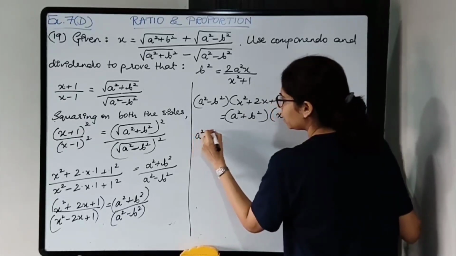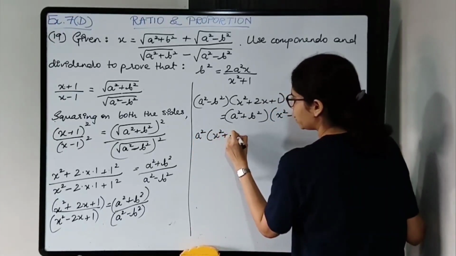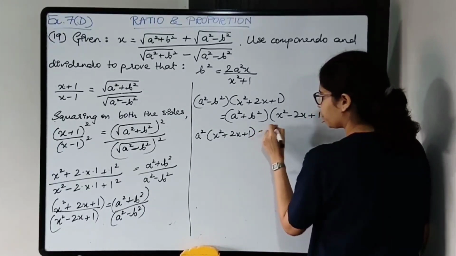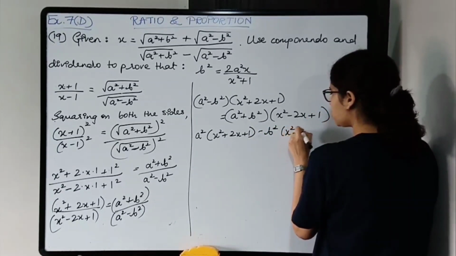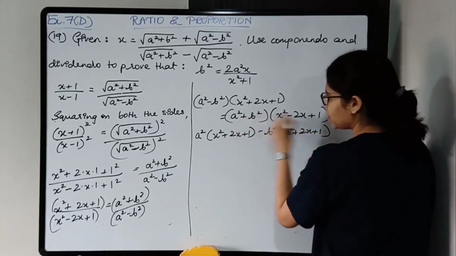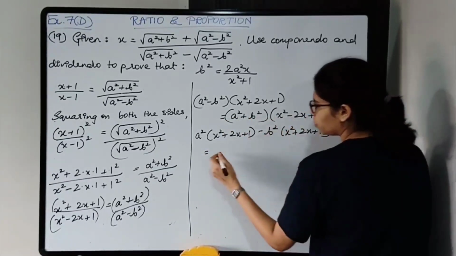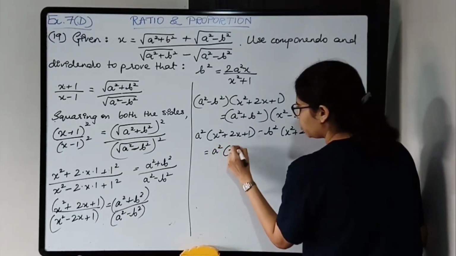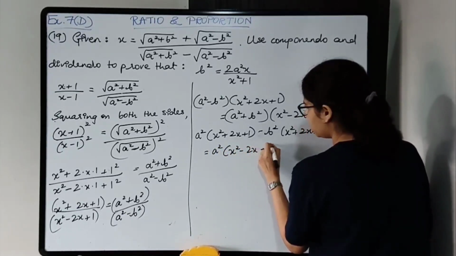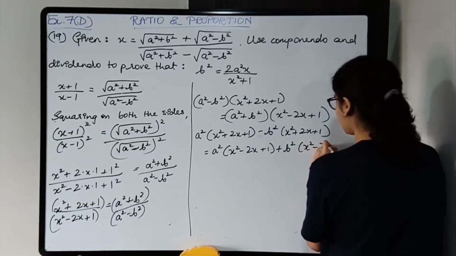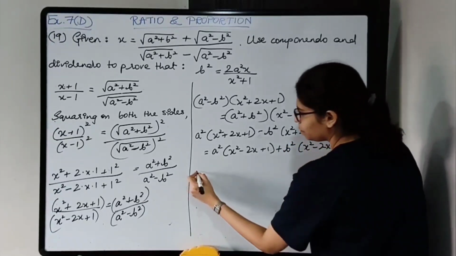So a square into x square plus 2x plus 1 minus b square into x square plus 2x plus 1. Same thing over here, a square into the bracket and then b square into the bracket. So a square into x square minus 2x plus 1 plus b square into x square minus 2x plus 1.